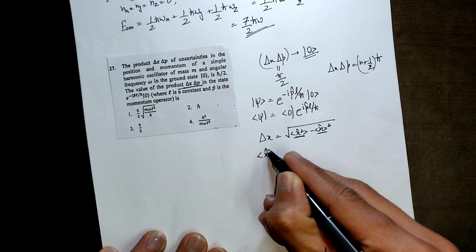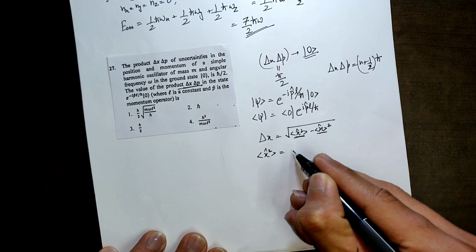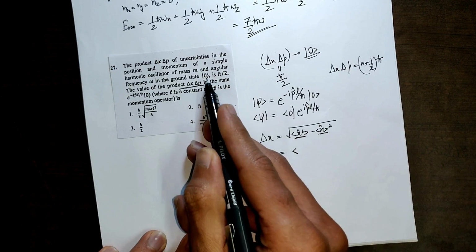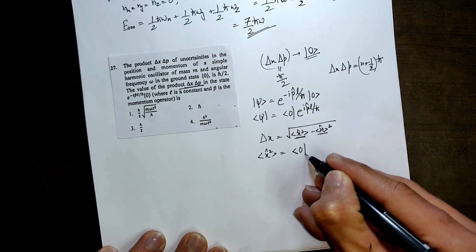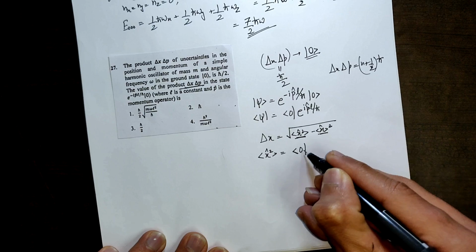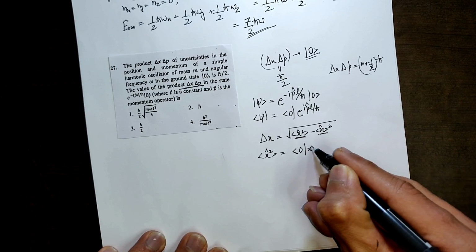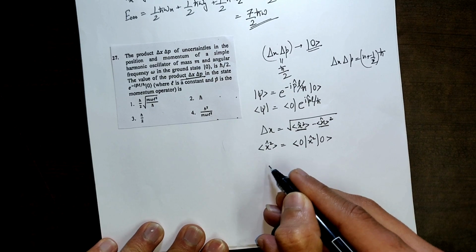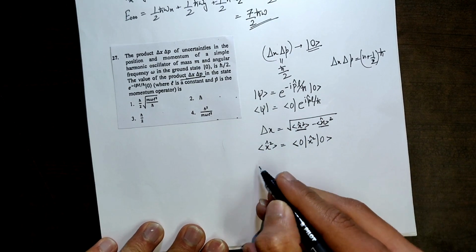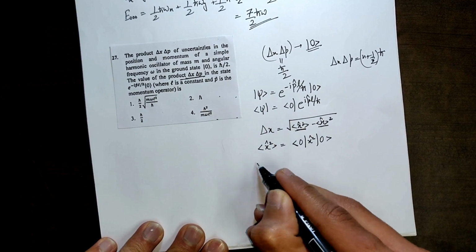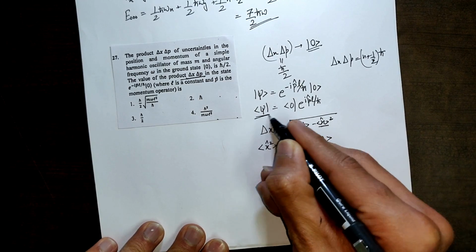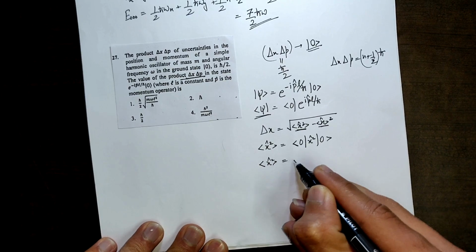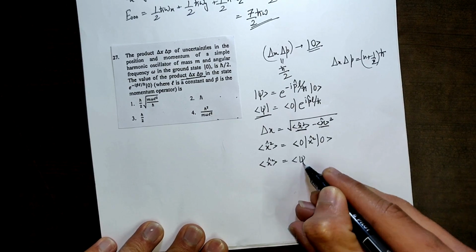The expectation value of x square in the ground state ket 0, we calculate like this: bra 0 x cap square ket 0. Now to calculate this in the ket psi state, you can calculate like this: the expectation value of x square, so bra psi x square ket psi.